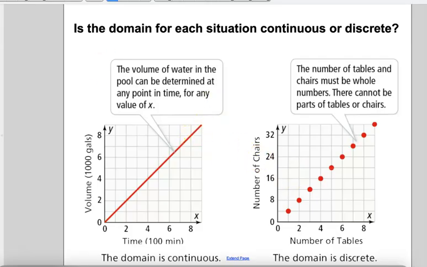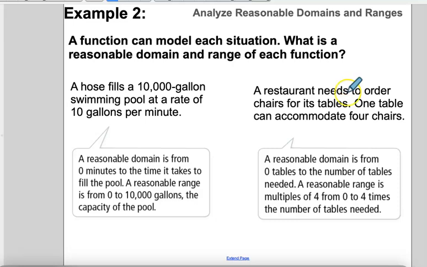The opposite for the second example. If a restaurant needs to order chairs for its tables and one table can have 4 chairs at it, the domain would be from having 0 tables up to however many tables can fit in the room. And the range would be how many chairs you're going to need. Since each table can have 4, the range would be in multiples of 4.